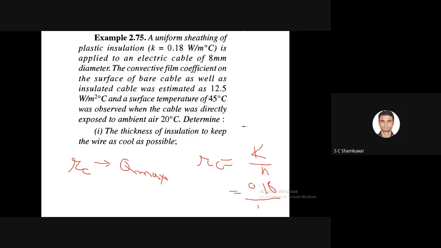0.18 divided by 12.5. So what is RC? It is 14.4 mm. 0.18 divided by 12.5, okay, what is the value? 14.4 mm.